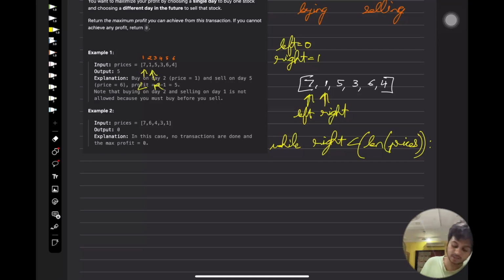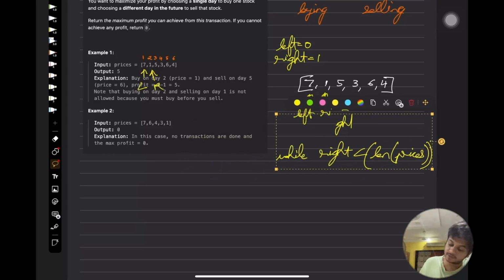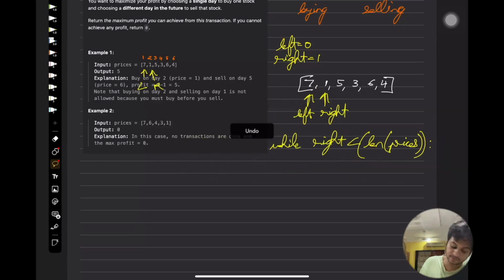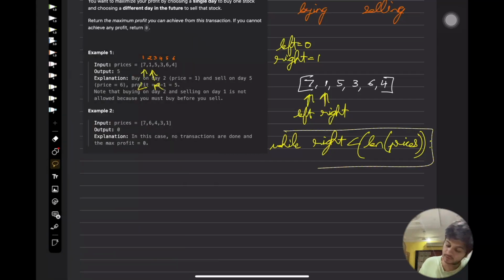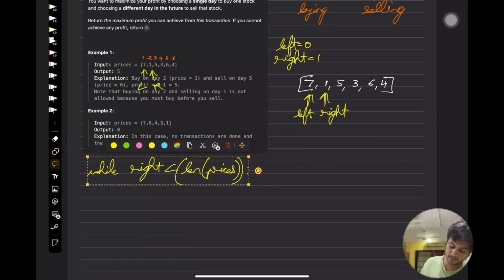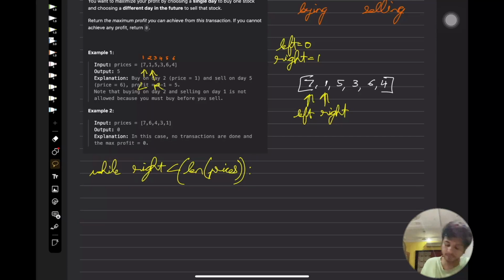And then what I'll do is, there are two chances. What if it's a profitable day, like the next day? What if the next day it's a profitable day?